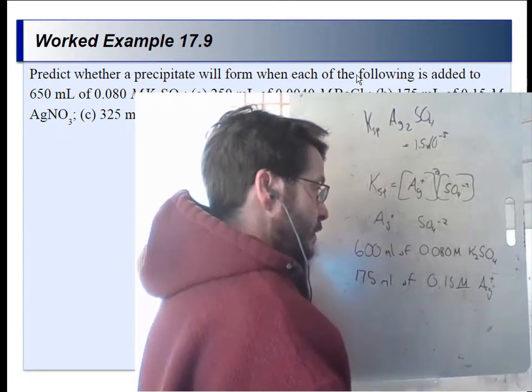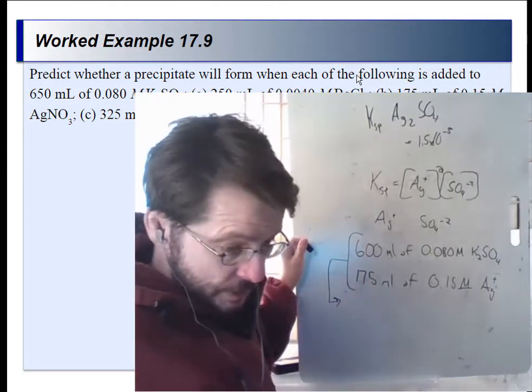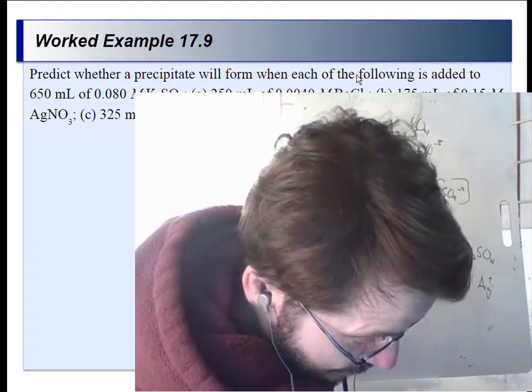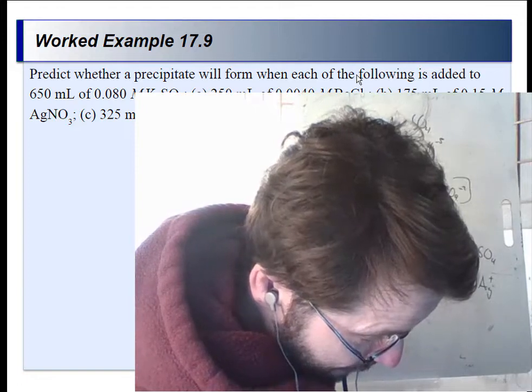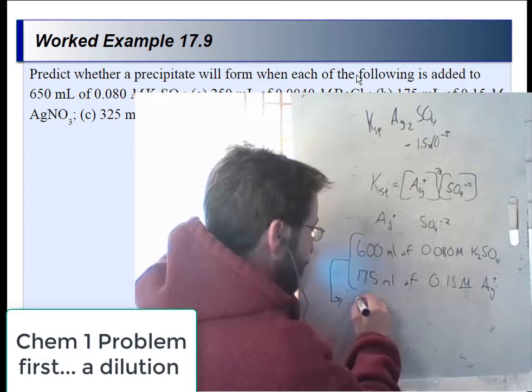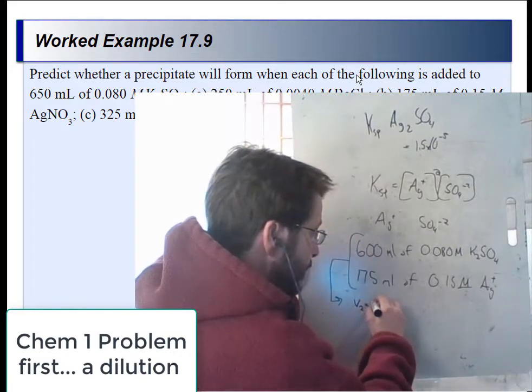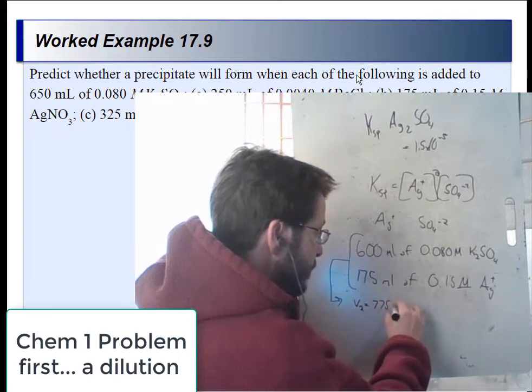Right. So we're going to mix these two solutions, and the first thing we have to do is figure out the concentration of each of the species in solution. The total volume that we're going to get is 775 mL.